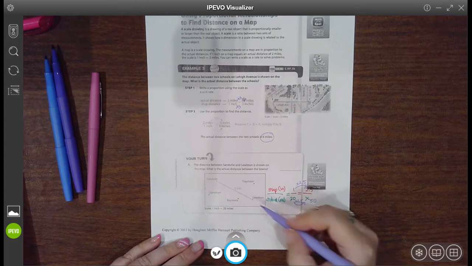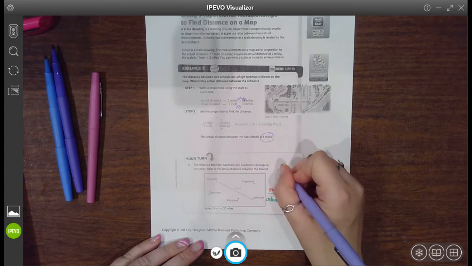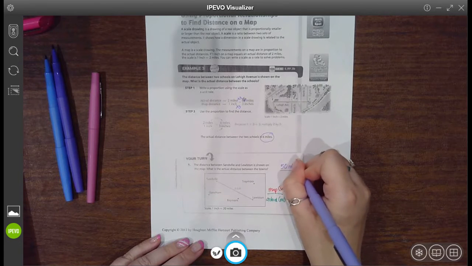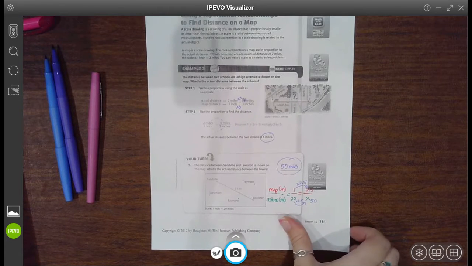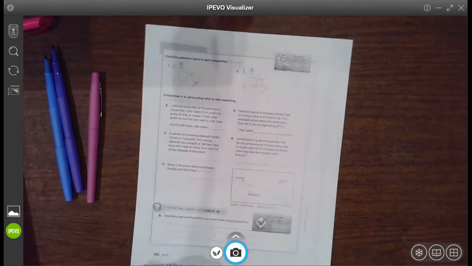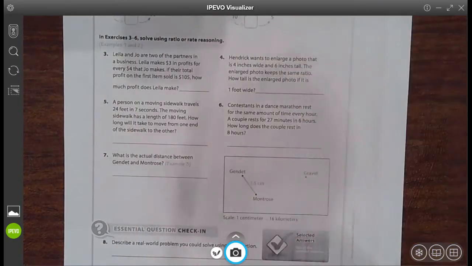So that means those two towns, even though it's only 2.5 inches on the map, in real life are actually 50 miles apart from each other. And that's one instance where you would use scale drawing, is when you're doing a map. Okay, let's try to solve some more of these. Go ahead and turn the page, and we can zoom in a little.